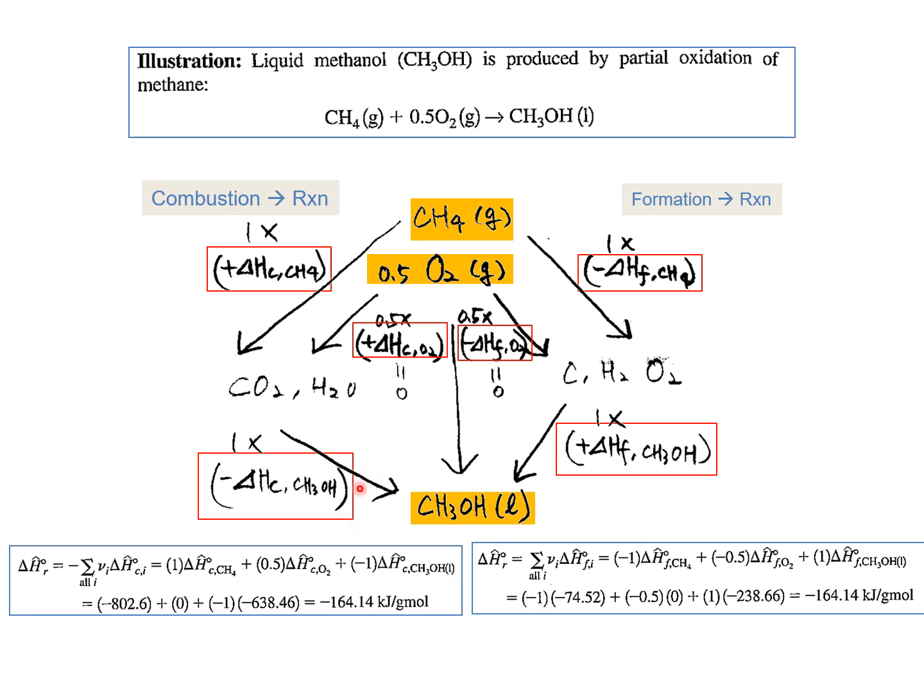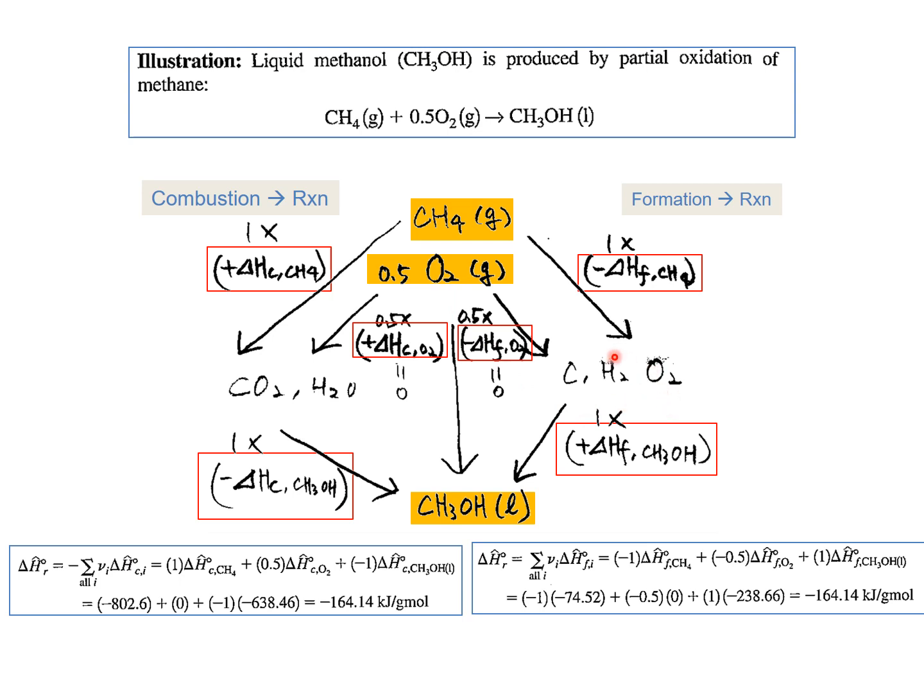Then after summation of those three terms for CH4, for oxygen, for methane, we could calculate the delta HR. So like that. And also let's go to the other pathway, which is the formation energy pathway. Methane could be made from carbon and hydrogen. Oxygen could be made from just oxygen.